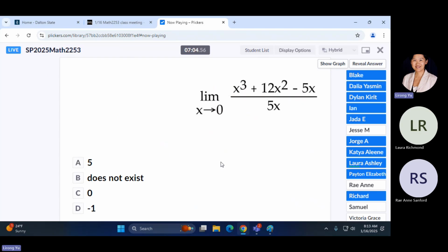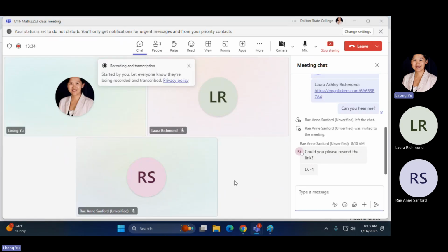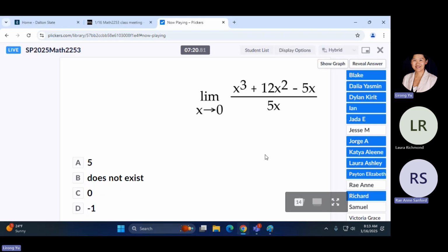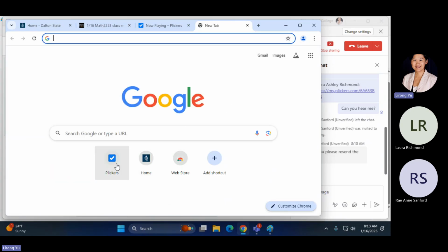I think that should be everybody. Anyone else? I think I had all the answers recorded. Ray, are you able to find the answer? Resend the link? Okay, yeah, let me do it again. So this time, try to bookmark it on your computer.